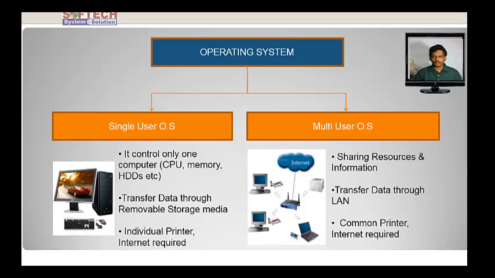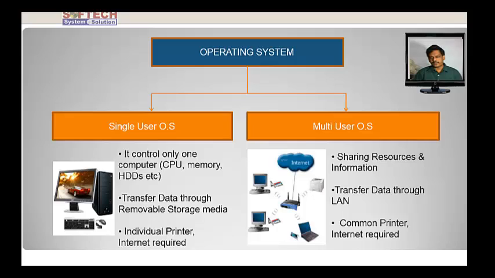The first computer requires one printer, the second requires another. So it requires 3 printers, 3 modems, 3 internet connections, because each is not connected with the others. So it is standalone.